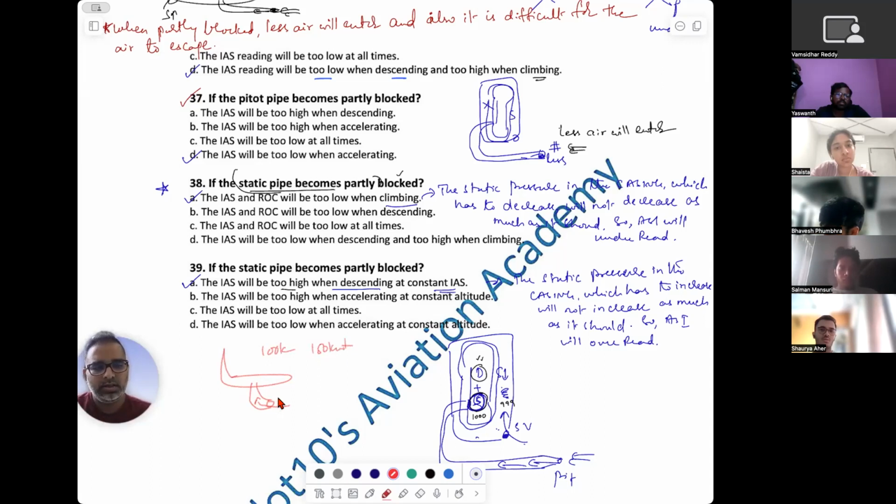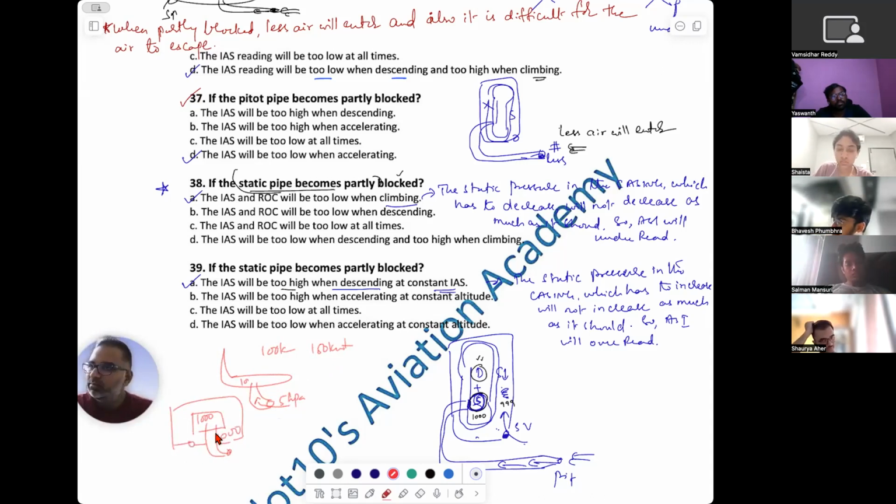When you are 100 knots, let's say 5 molecules were entering. Dynamic pressure 5 hectopascals. Correct? Outside 1000, inside 1000. See, inside 1000 was static. Outside also 1000. Got it? But when you are at 100 knots, it was 5 dynamic pressure.